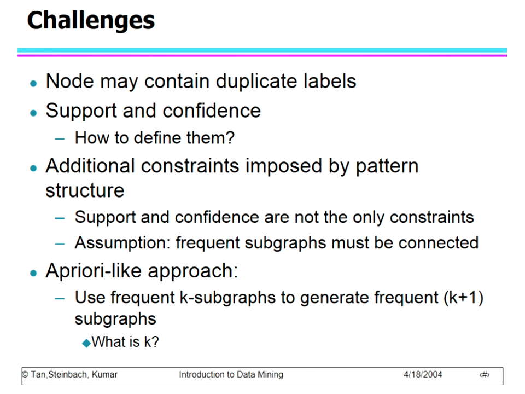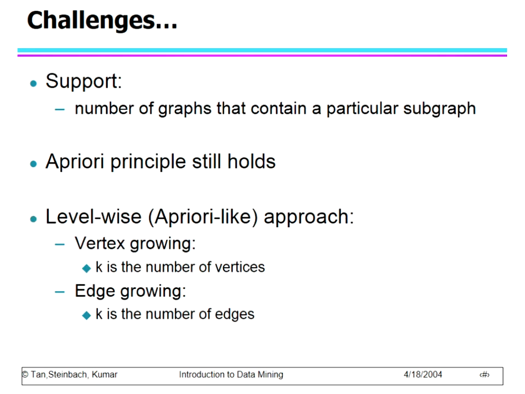An Apriori-like approach is proposed, and this approach uses frequent k subgraphs to generate frequent k+1 subgraphs. So what is k in this case? Other challenges: the number of graphs that contain a particular subgraph.